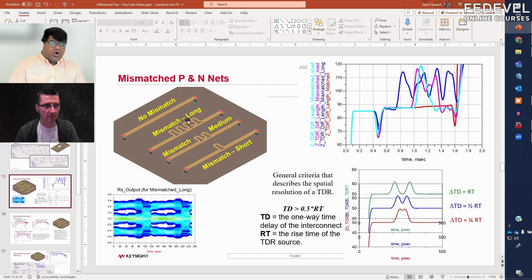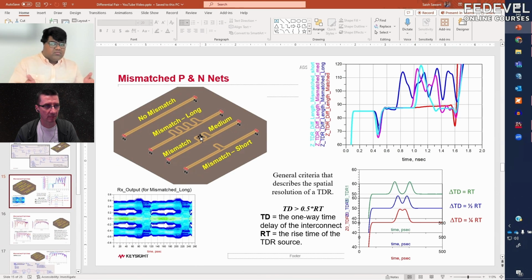But then if you see a long section, this is the blue curve. It starts at 87, goes all the way up to 115, then comes back, again goes up. So this is the meandering section, and when we have this meandering section, there are also signals that would be jumping ahead. There will be some crosstalk and all of that. So the impedance profile is not a constant 87 out there.